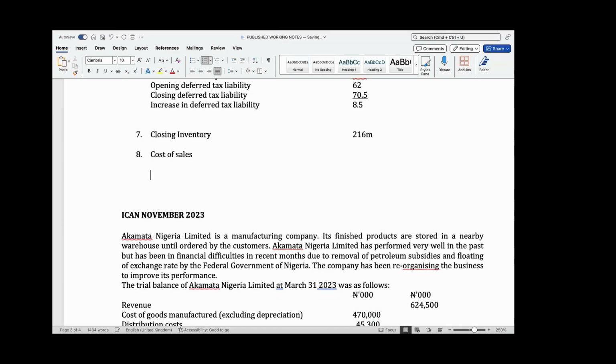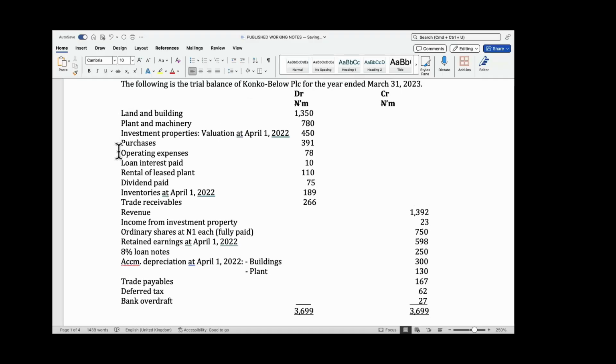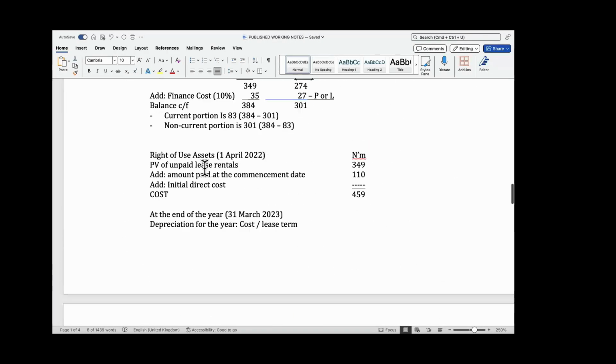I need to put it together so that it should not become a nuisance for me. As per my trial balance, I was not given cost of sales directly. I was given purchases. I was given opening inventory. I was not given returns, no carriage inward. So, I need to work it out.